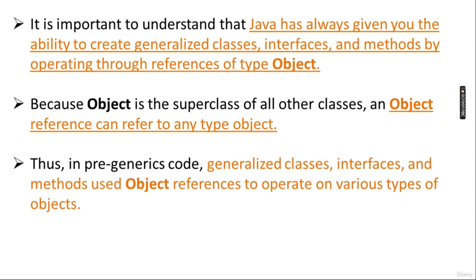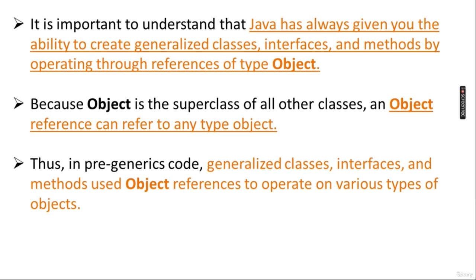So before Java 5, when Java introduced generics, the basic Object class reference was used to refer to any type of object. If you create a reference of class Object, that reference can refer to any type of object, any type of class, any type of interface, and so on.